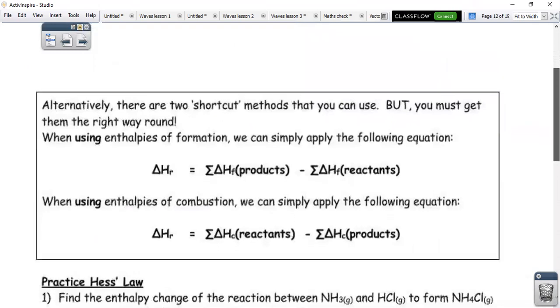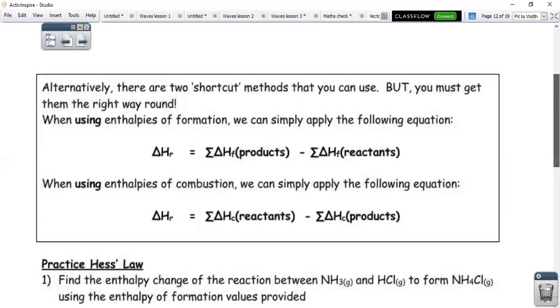So key thing to know is that there are a number of ways that we can work out the enthalpy of a reaction, okay? So one of the ways is where we use the enthalpy of formation of the products and we subtract away the enthalpy of formation of the reactants. That's method one. Then we have method two, where we can use the enthalpy of combustion of the reactants minus the enthalpy of combustion of the products.